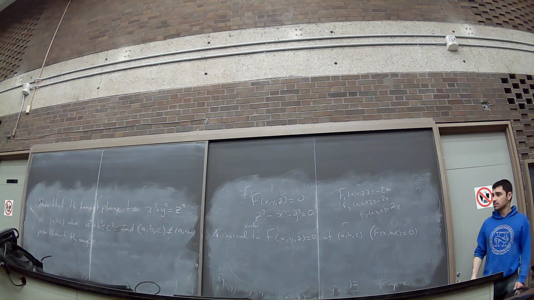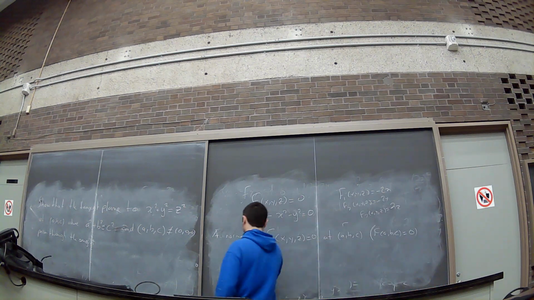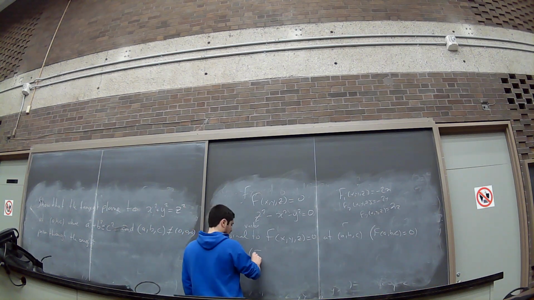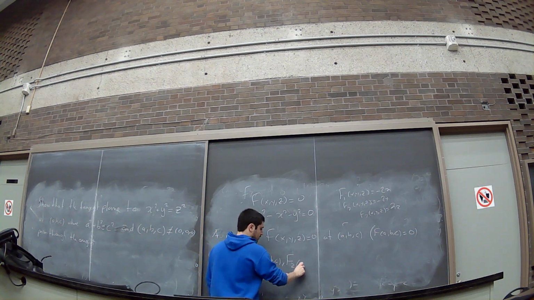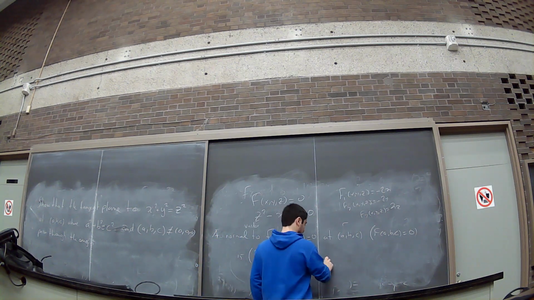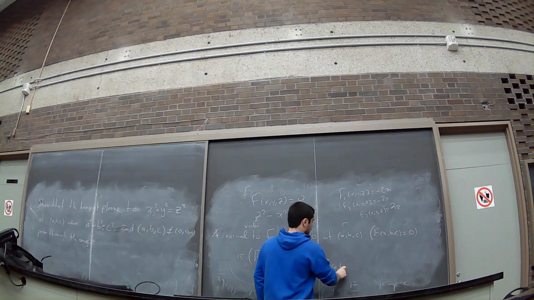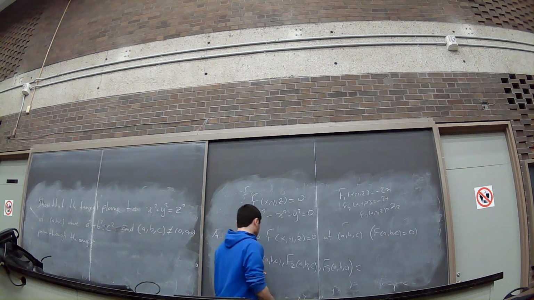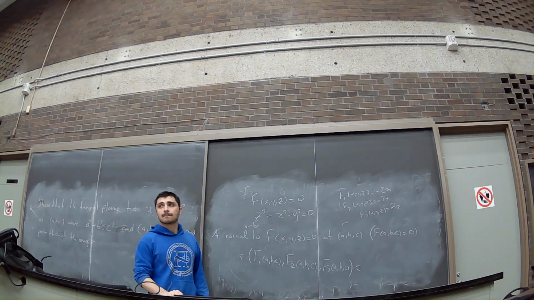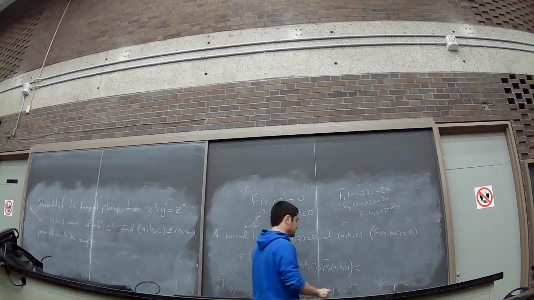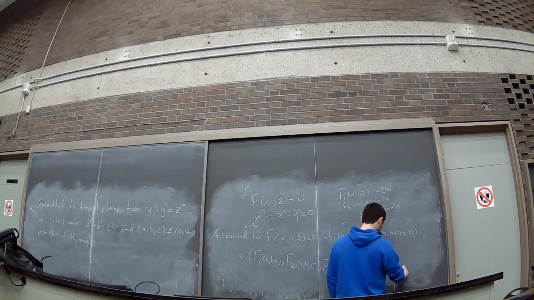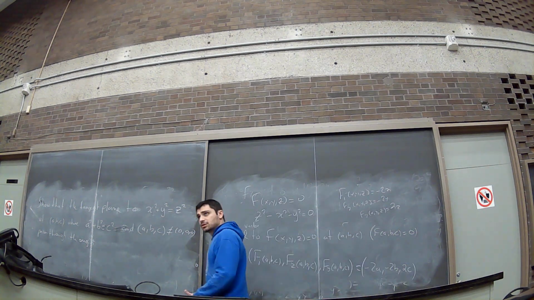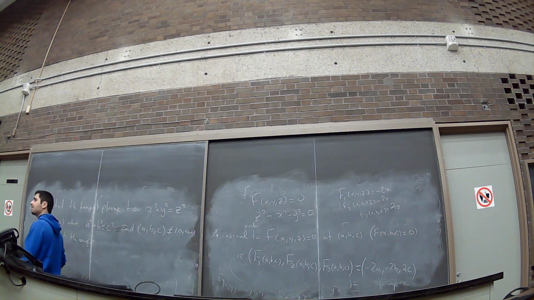What is f1(a, b, c)? Minus 2a. What is f2? Minus 2b. And what is f3? Very good. So I have a normal vector and I have a point.